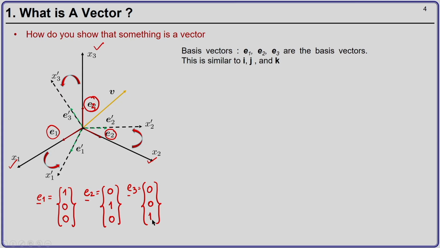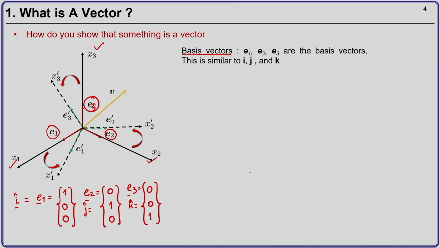You can see these are nothing but your unit vectors i, j and k. Instead of using the notations i, j, k, we will use E1, E2, E3. We will come to it later when we discuss the summation and range convention, why this is helpful. So, these E1, E2, E3 are called the basis vectors.